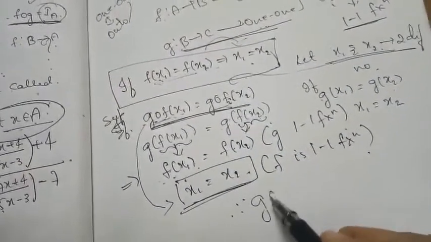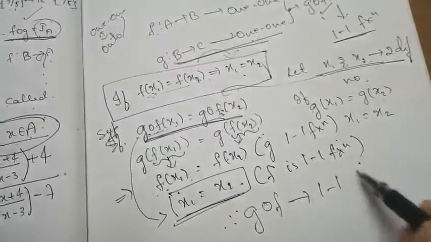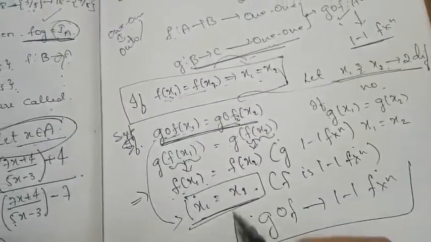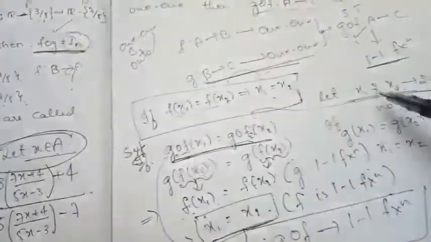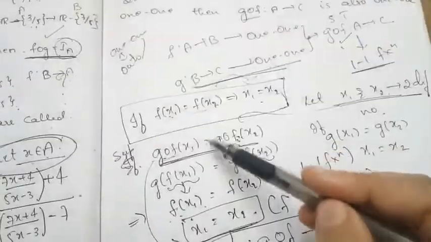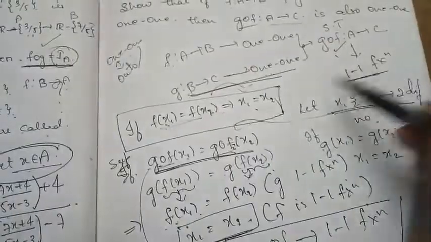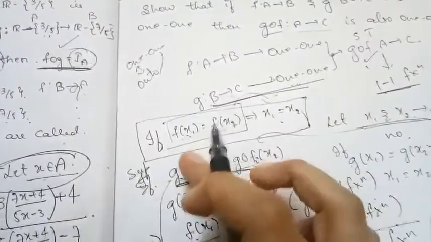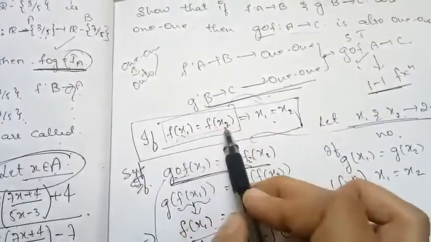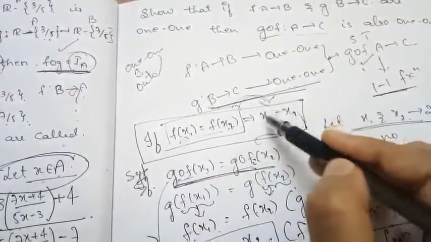Therefore g of f is a one-one function. So I'll say it once again, briefly. As usual, to prove g of f as a one-one function, the same algorithm is used. First we take the image of two different elements as same and finally conclude that the two elements are not different, they are same elements.